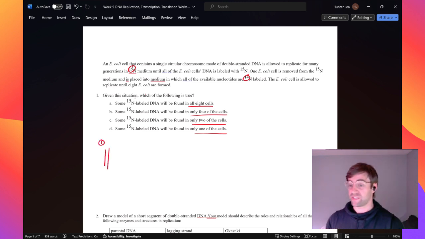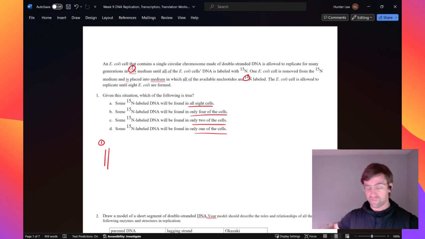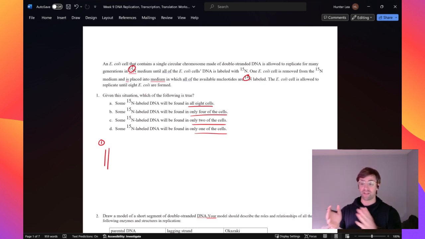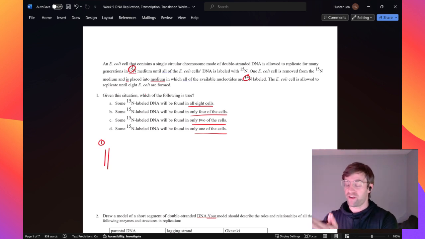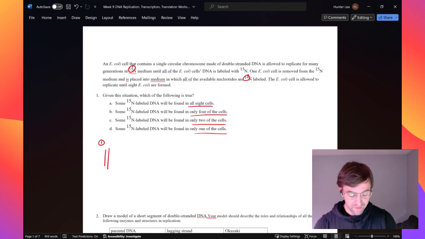I'm going to draw these as linear strands of DNA, 2 linear strands of DNA, even though this would be a circular double-stranded DNA. So that is our parent strand of DNA. And to answer this question, you need to know which model of DNA conservation we're talking about. And by conserving, I mean how much of parent DNA and what parts are conserved from generation to generation as it's replicating.